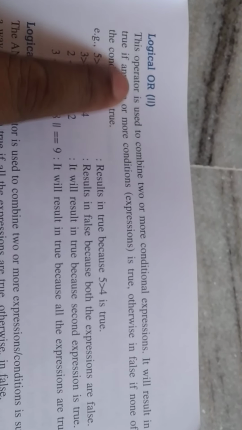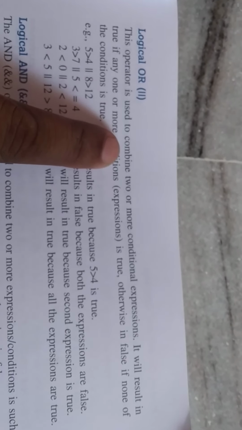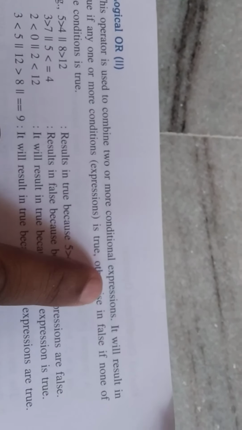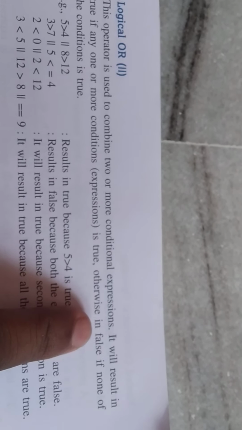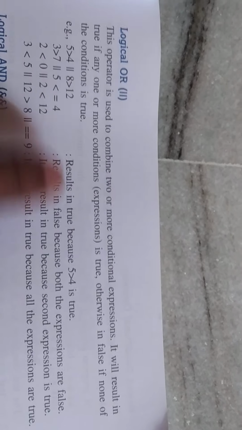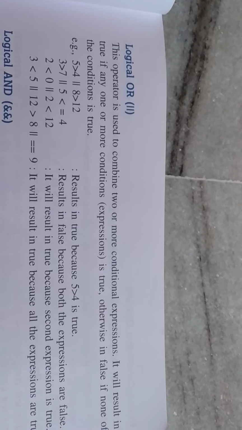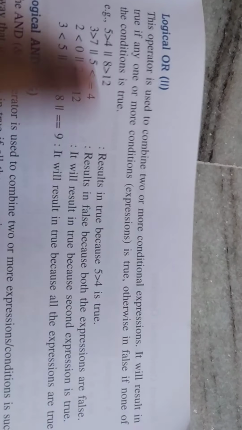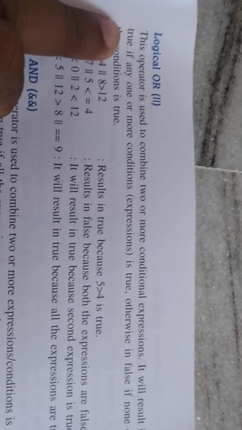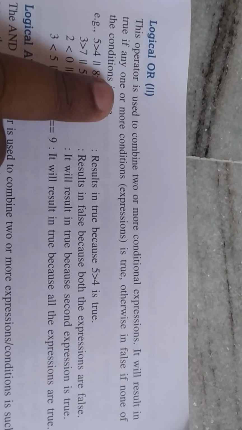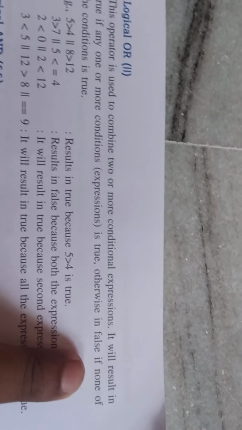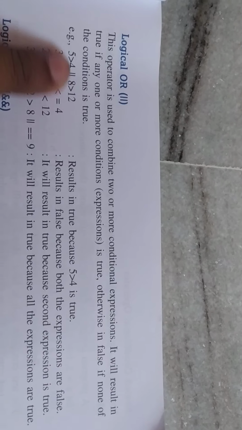So this operator is used to combine two or more conditional expressions. Logical OR is basically used to combine two or more conditional expressions. As I said, it will result in true if any one or more conditions are true, otherwise false if none of the conditions is true.